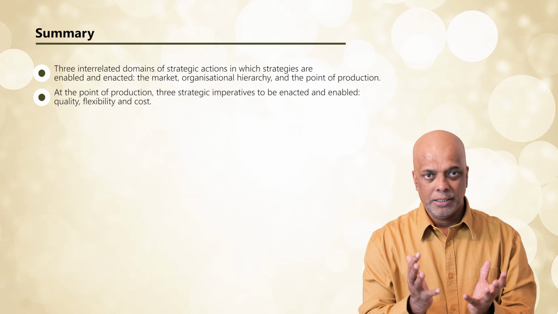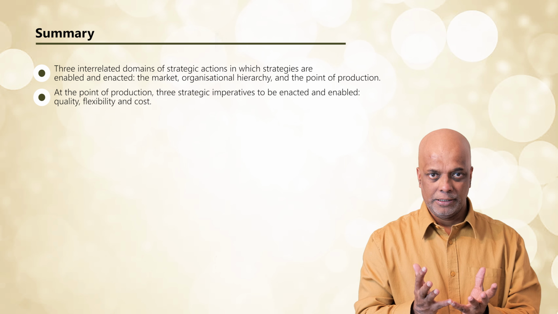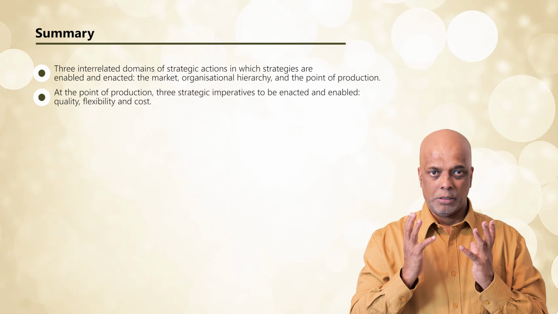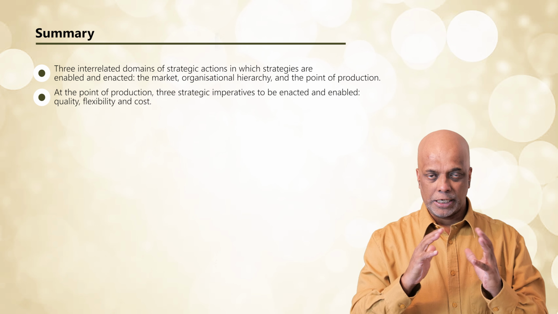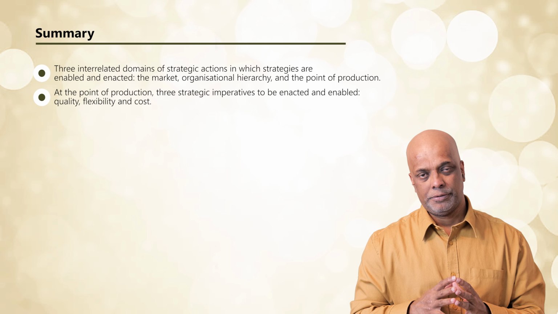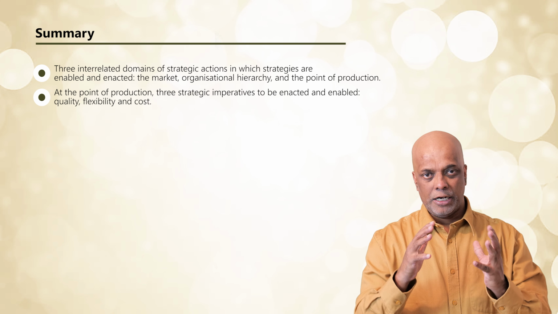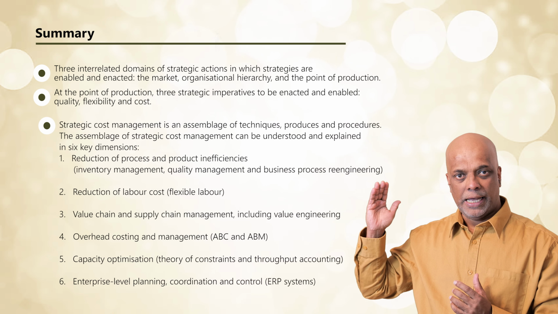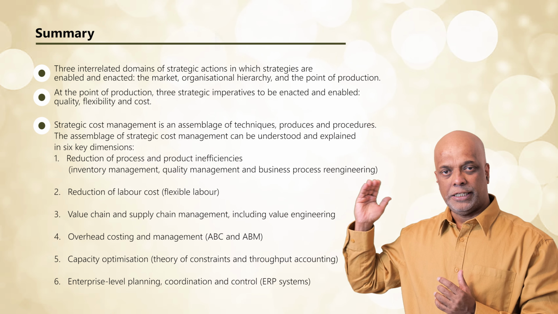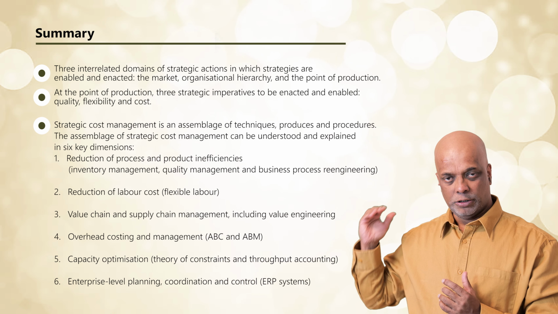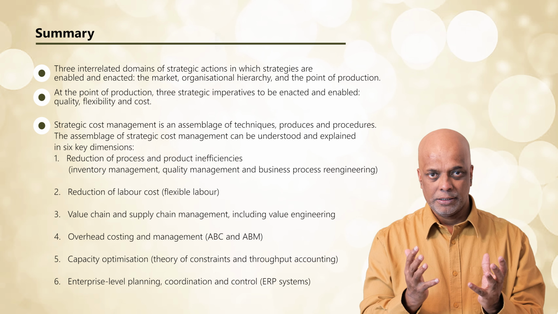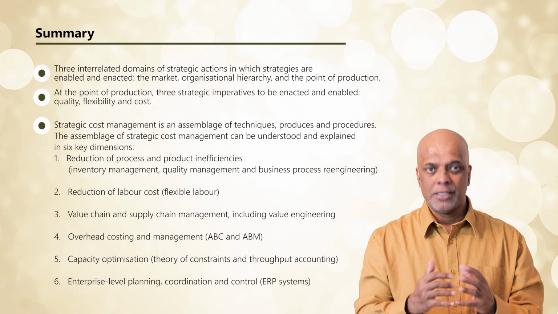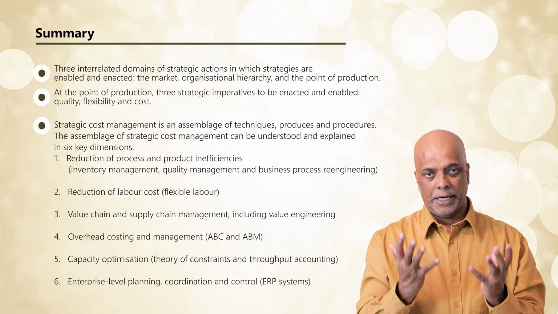Cost has to be managed strategically. Cost is one of the key, perhaps the most important, strategic imperatives. And when we are trying to understand strategic cost management, we have to pay attention to six interrelated themes. These six themes are useful in understanding and explaining strategic cost management.